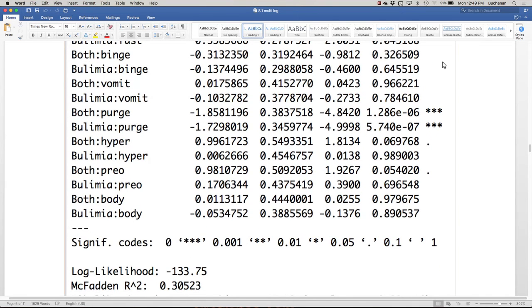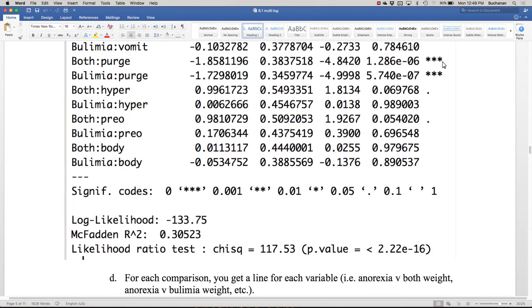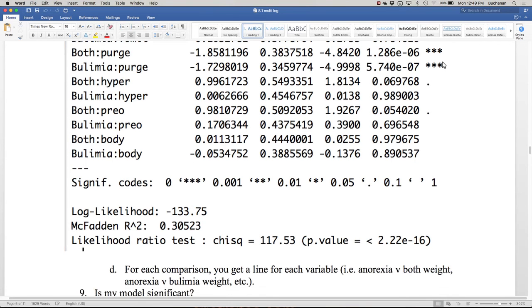Binging, nothing. We'd expect it to predict here, but it doesn't. So not significant, not significant. Vomiting's the same way. Purging, but not in the direction you'd expect. Again, it's kind of backwards. So in both categories, it predicts the anorexia group.